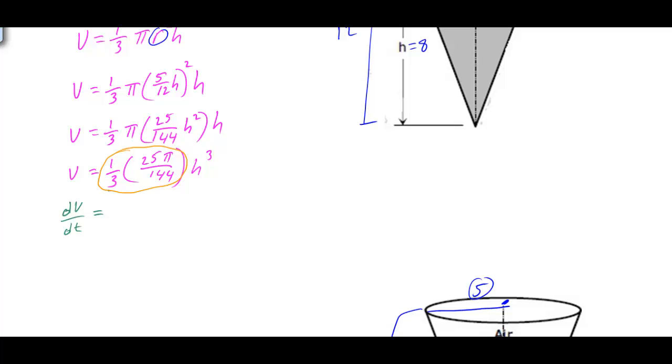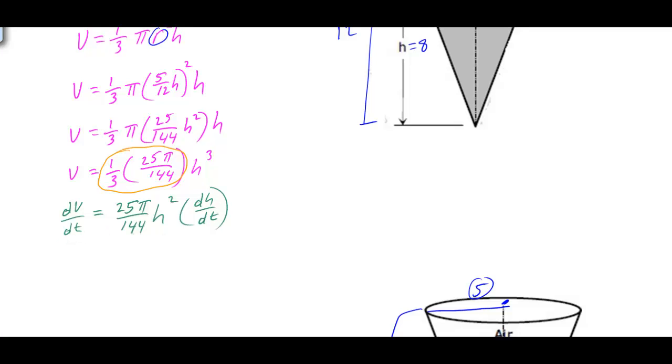So that's going to cancel out the 1/3, so we're left with the 25 pi over 144 H squared. So multiply by the 3, decrease your exponent by 1, so we get 25 pi over 144 H squared. And we're taking the derivative with respect to time, so that means we have to take the derivative of H, which then would be dH/dt.